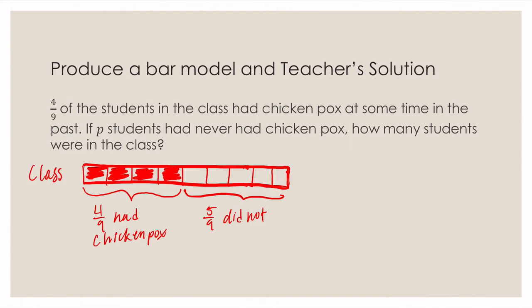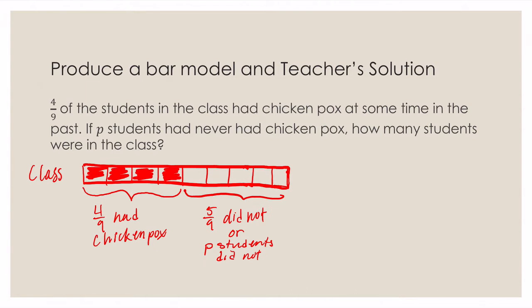Now, 5/9 did not, but it said in the problem above here, P students never had them. Okay, so we also want to include P students who did not. All right. Now we know that we want a relationship to the fraction because we want to know how many students are in class, or we want to know the entire 9/9, or the whole part.